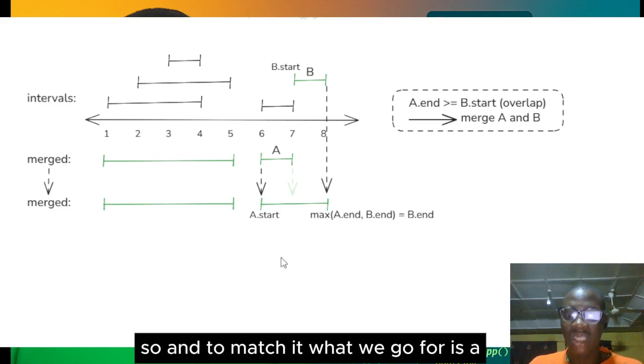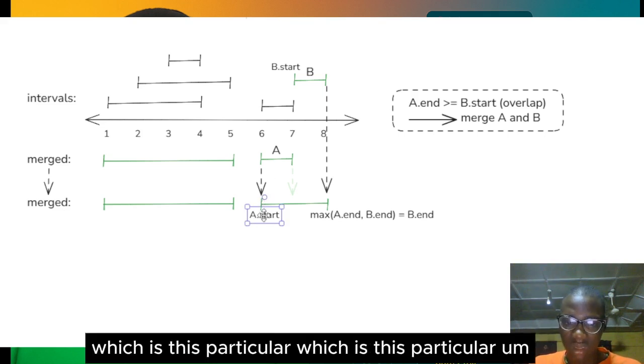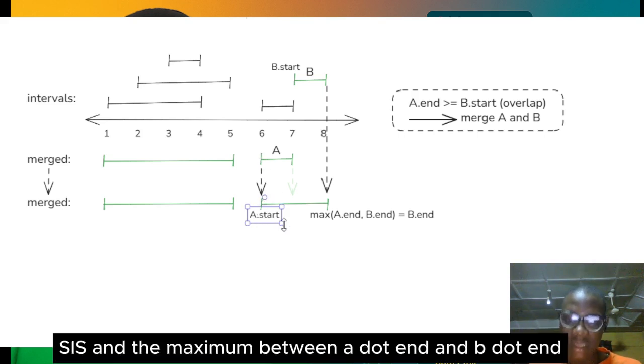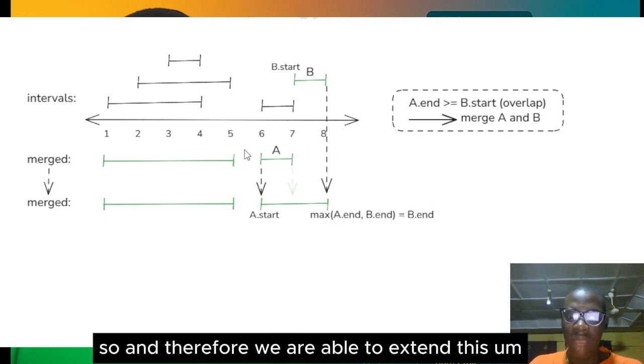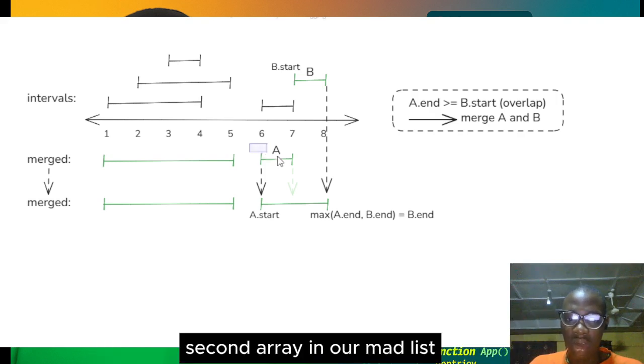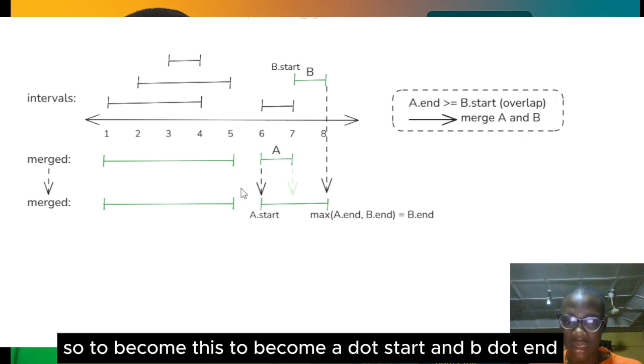To merge it, we go for a dot start, which is this 6, and the maximum between a dot end and b dot end. That is b dot end, because a dot end is 7 and b dot end is 8. Therefore we are able to extend this second interval in our merge list to become a dot start and b dot end.